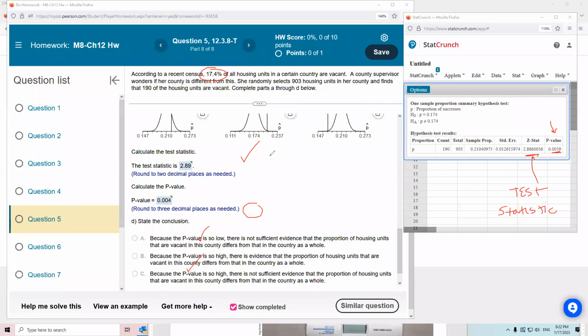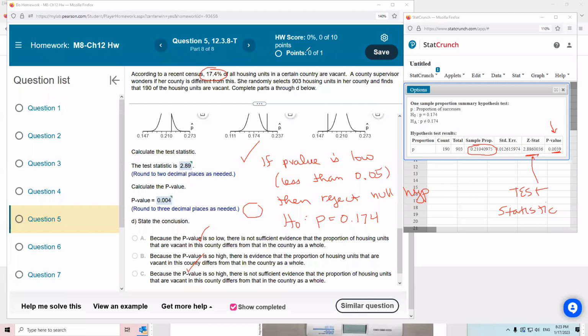Well, if the p-value is a low number, and usually we use less than 0.05 as a default value, then you should reject the null hypothesis. Our null hypothesis was that the proportion of vacant units is 17.4%. But notice in our results, we had the vacancy as 21%.